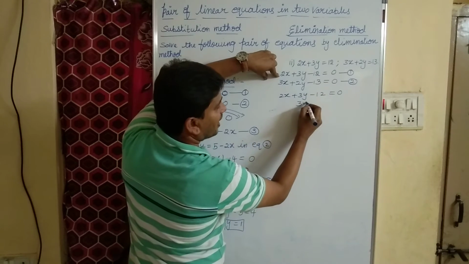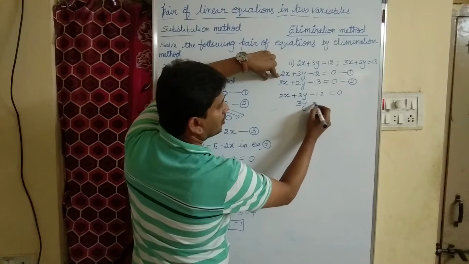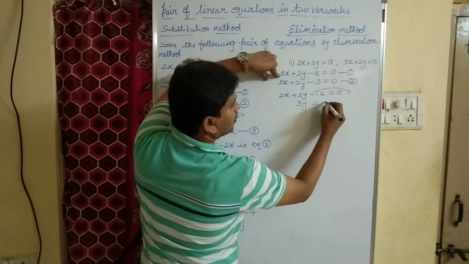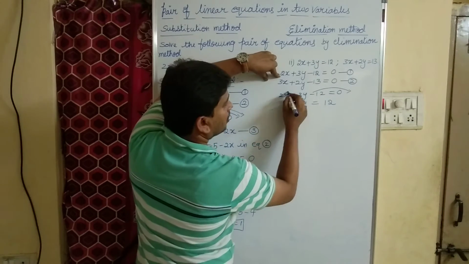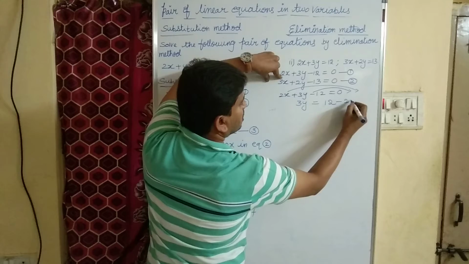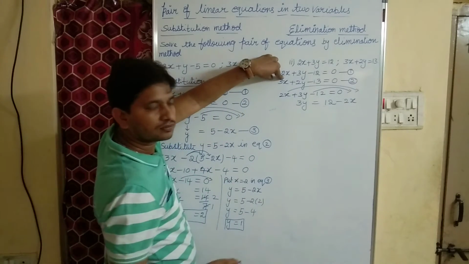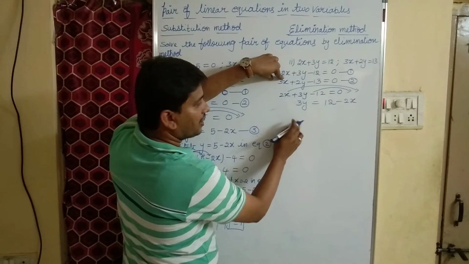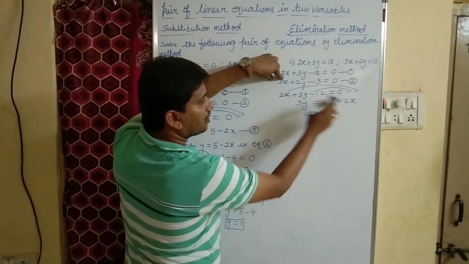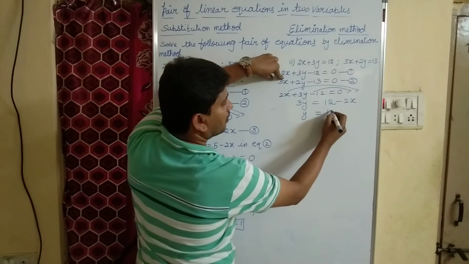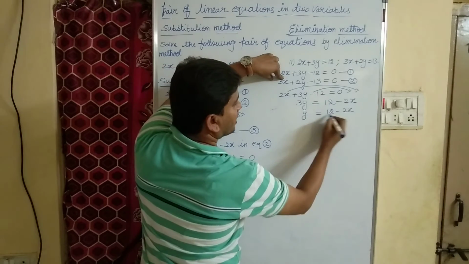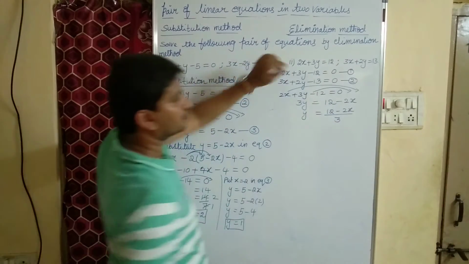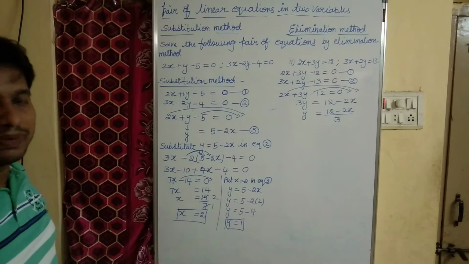Let me put 3y as it is. Minus 12 if you transpose, it will become plus 12. Plus 2x if you transpose, it will become minus 2x. 3y, right? 3 into y. 3 is multiplying, transpose, y equal to 12 minus 2x divided by 3.